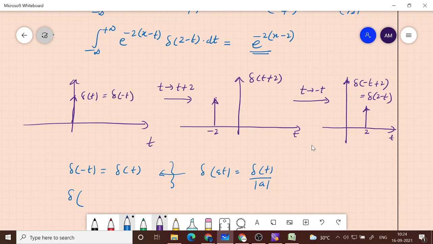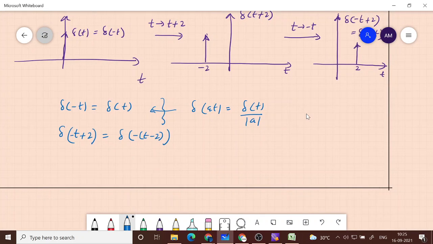So I did one transformation. Now if I want to do the second transformation, how should I do it? What I need is minus t plus 2. So I can take this as minus of t minus 2.